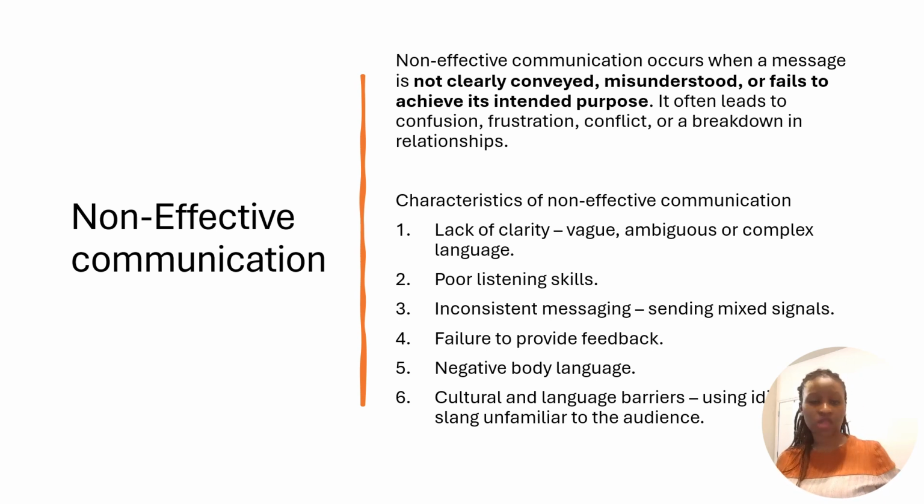That's all non-effective communication. Then failure to provide feedback, going back to that closed loop that we talked about, being able to provide feedback that you have received the communication, and that goes both written and verbal. And then negative body language, someone just showing you that they're not interested in what you're saying.